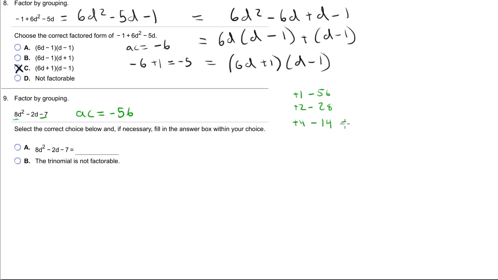That's going to be a negative 10, so we're close. 5 doesn't go in. 6 doesn't go in. 7 goes in, so that's plus 7 minus 8. That's a negative 1. And then after that, we're at plus 8 minus 7. That's a positive 1, which is not negative 2. That can't happen. So I guess the trinomial is not factorable.